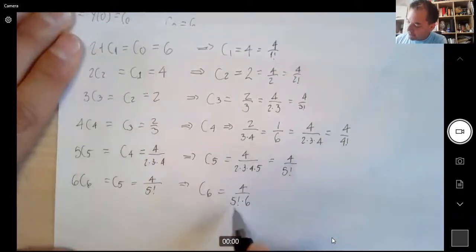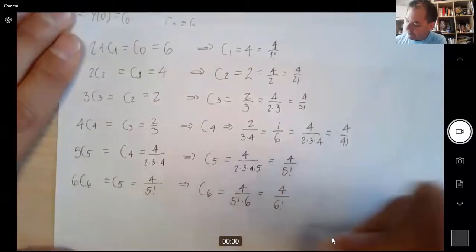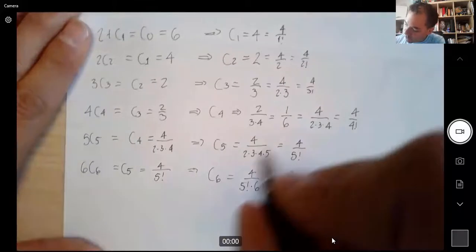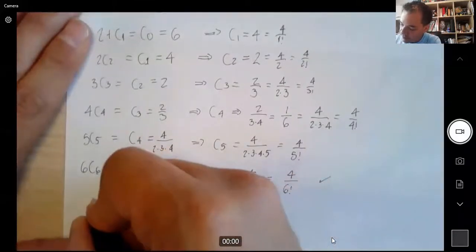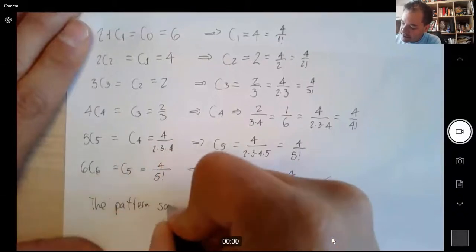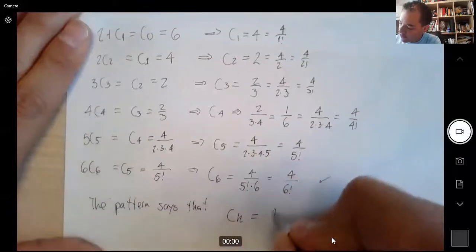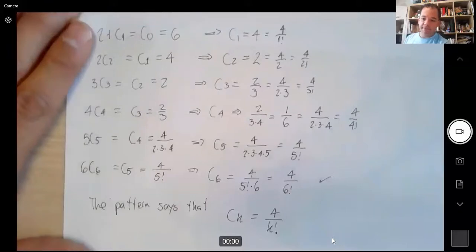But if you take 5 factorial and you multiply by 6, that becomes 6 factorial. Great, the pattern works, right? So what do we think is going to be CK? The pattern says that CK will be 4 over K factorial, right?